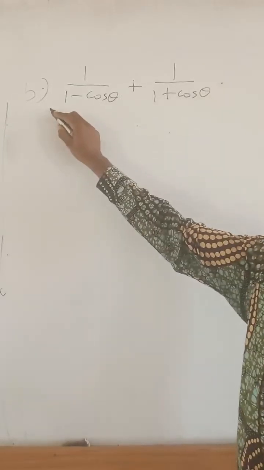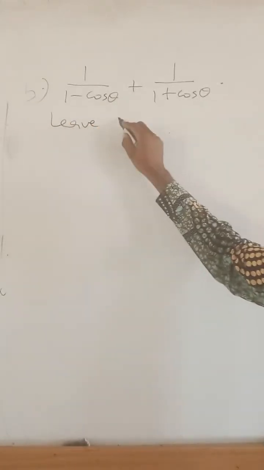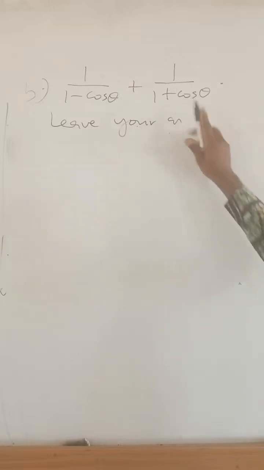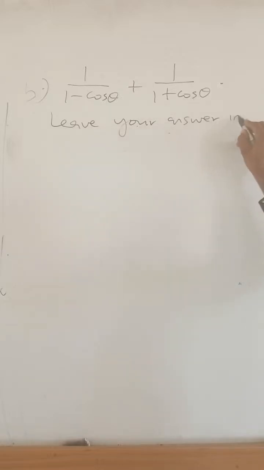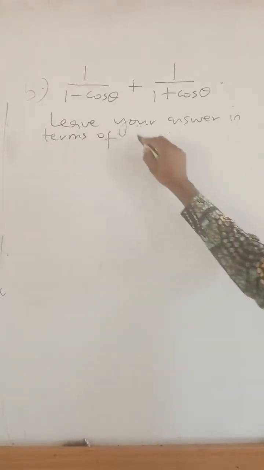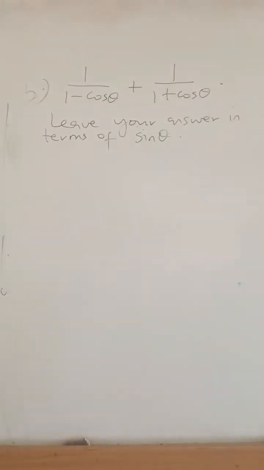It says simplify this expression and leave your answer in terms of sine theta. What you simply do is simplify, as the question says. Let's go ahead and do that.